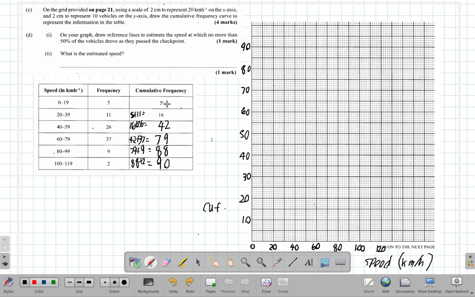What this means, 0 is the lowest value, and you're going to imagine that 0 vehicles went 0 kilometers per hour. You're going to plot 0, 0, but guess what now?